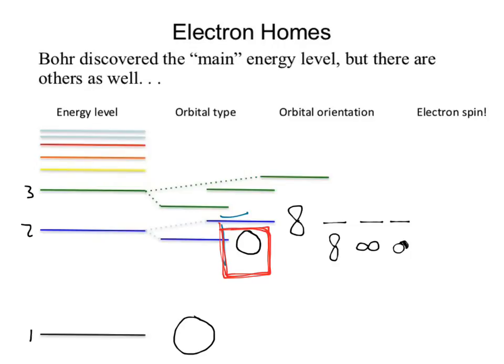It's at the second energy level, and it's the sphere shape. As Braxton was suggesting, he's inherently lazy. Guess what? So is everybody else. I don't want to write 2 sphere every single time. So what do I write instead? 2s. I'm now placing an electron in the 2s orbital.